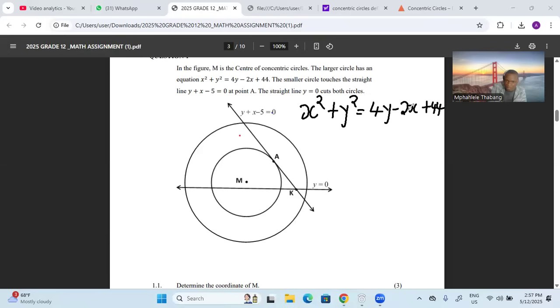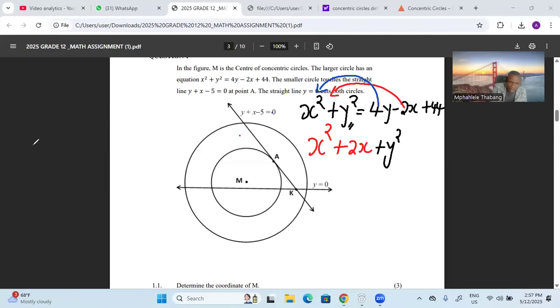I'm going to take minus 2x on the right side to the left-hand side. So I'm going to say x squared plus 2x plus, now let me take y squared here, y squared, and bring 4y to the left-hand side.